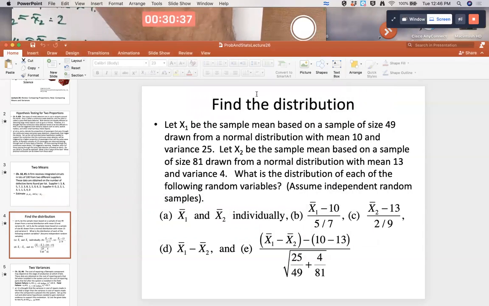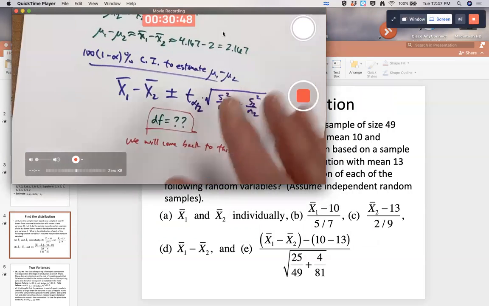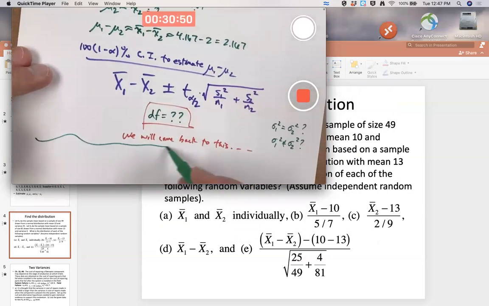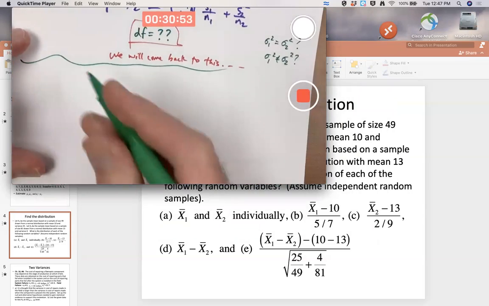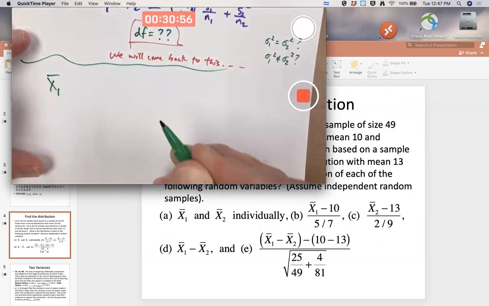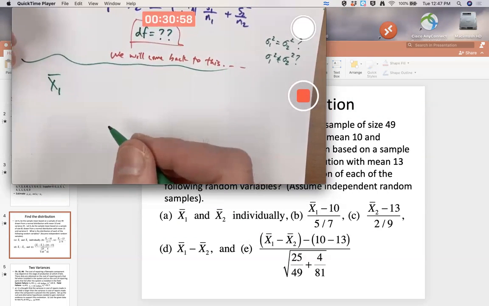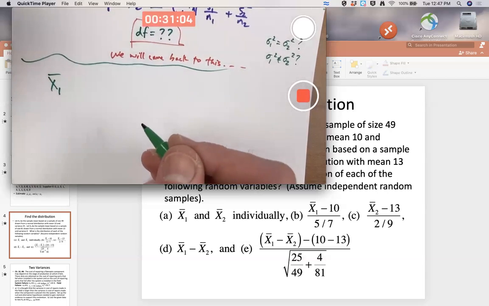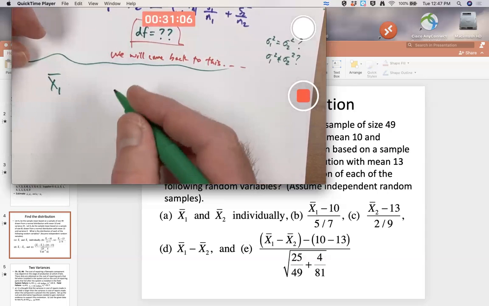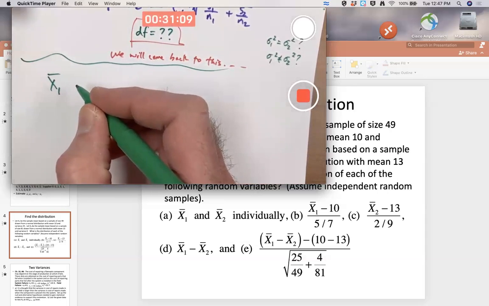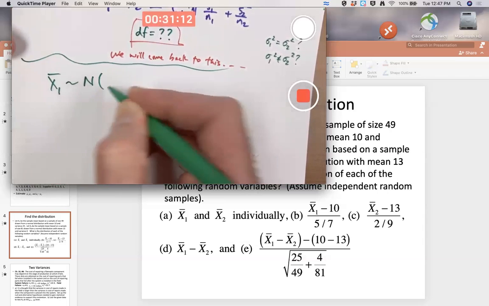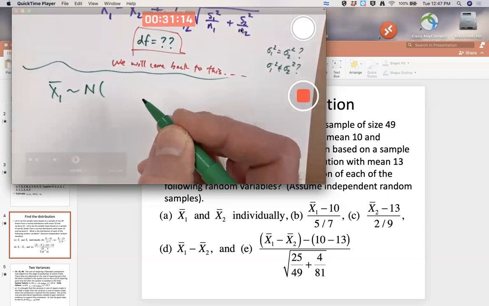Well, for X1 bar and X2 bar individually, use the cornerstone theorem, right? X1 bar is a sample mean drawn from a random variable X1, you could call it, though that gets a little confusing with random samples, that has a normal distribution, and therefore X1 bar has an exactly normal distribution as well, with the same mean, right?